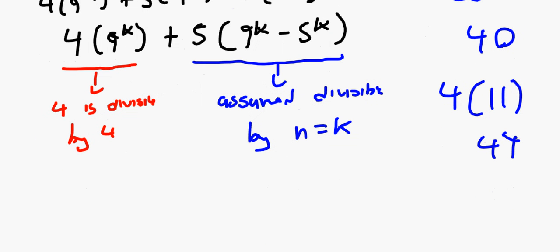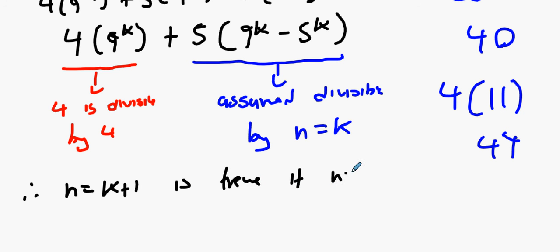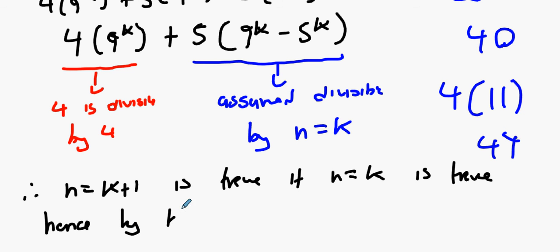Yeah. And what did I say yesterday? Therefore, n equals k plus 1 is true if n equals k is true. Hence, by the principle of mathematical induction. Because we proved that 1 is true, didn't we?